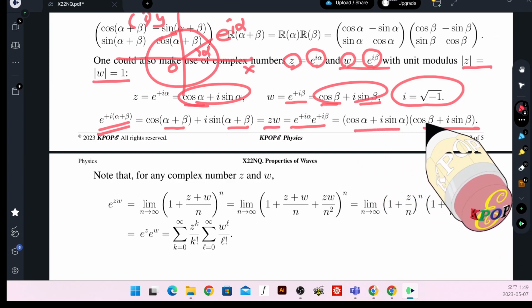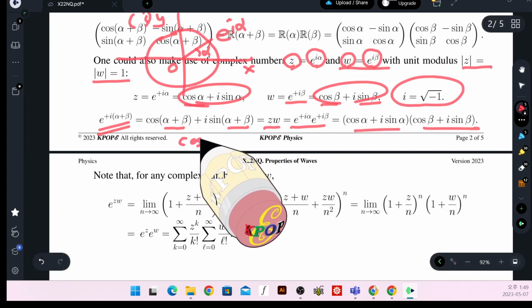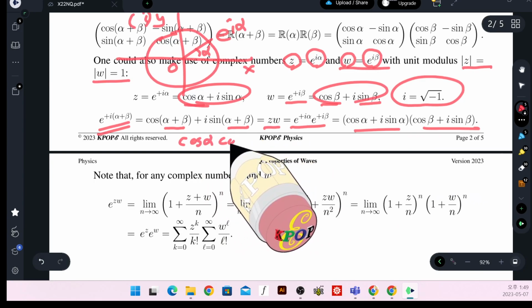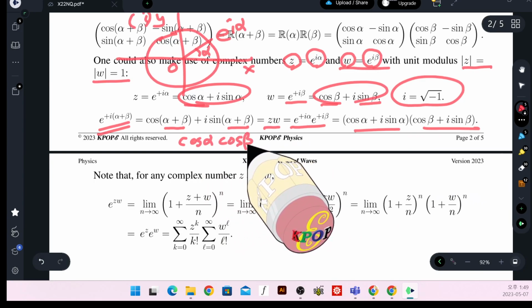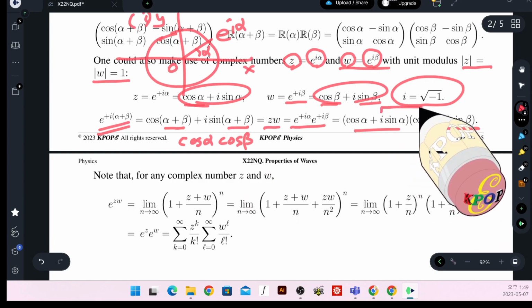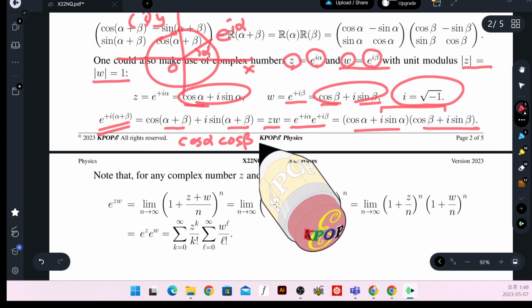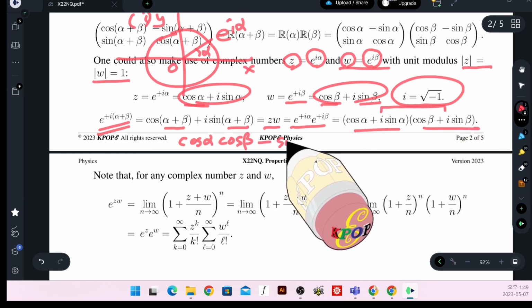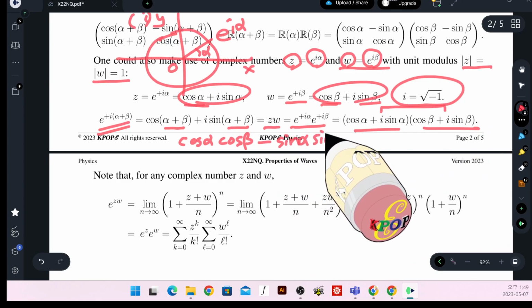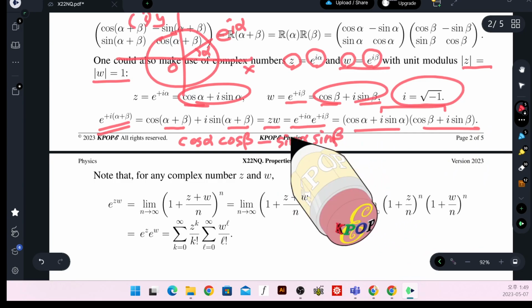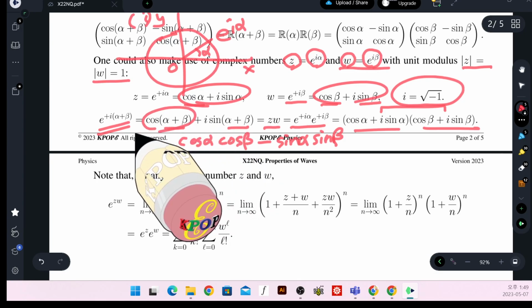The real part should be cosine alpha cosine beta, and another real part is i times i, this is minus sine alpha sine beta. That is the real part. And what is the imaginary part?